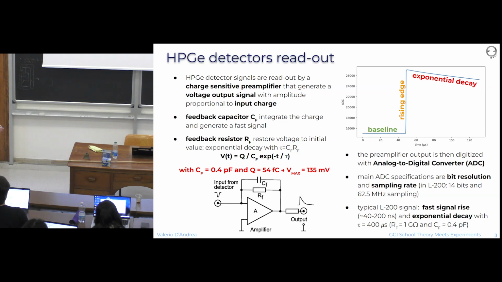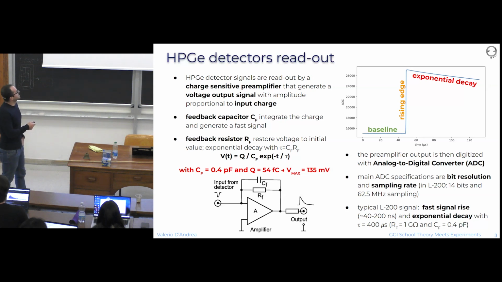and then an exponential decay. I'm also writing how the three different parts are called in our language. This is the baseline that, as I said, is flat. Then we have the rising edge or leading edge, which for us has a duration of 40 to 100 nanoseconds.